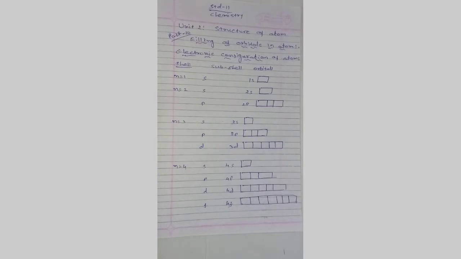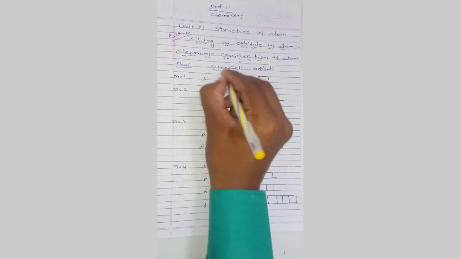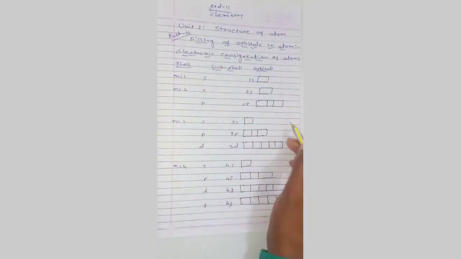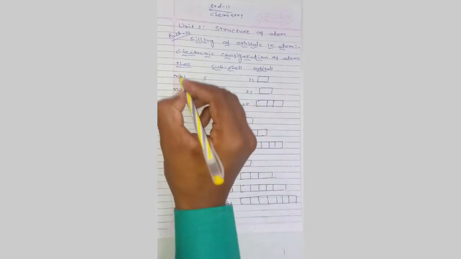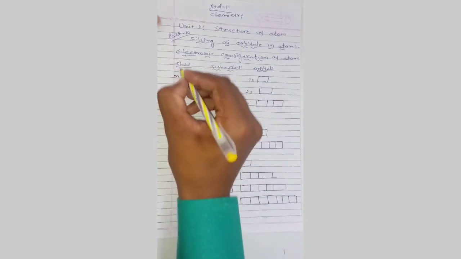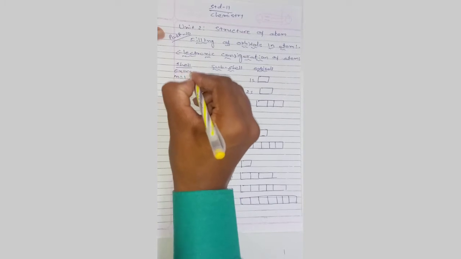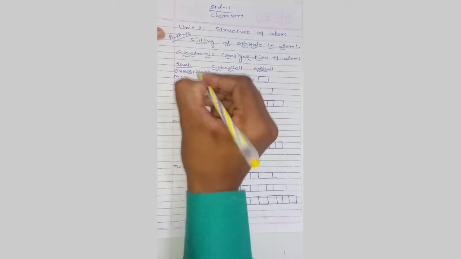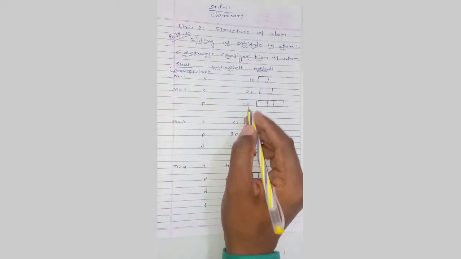First of all, let's see the basic idea about shell, subshell and orbitals. Here shell we call energy level.